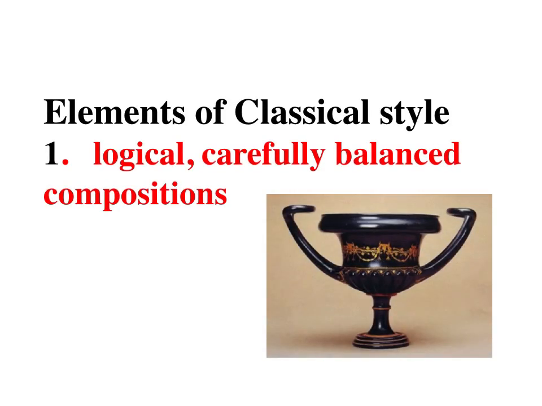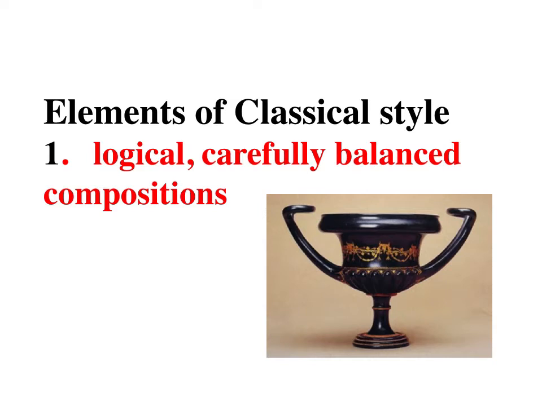Now, if we look at some of the elements of classical style, one of the most noticeable elements is a logical and carefully balanced composition. Greek thinkers pursued knowledge, and they sought to find order and pattern in the natural world as well as their own thoughts.